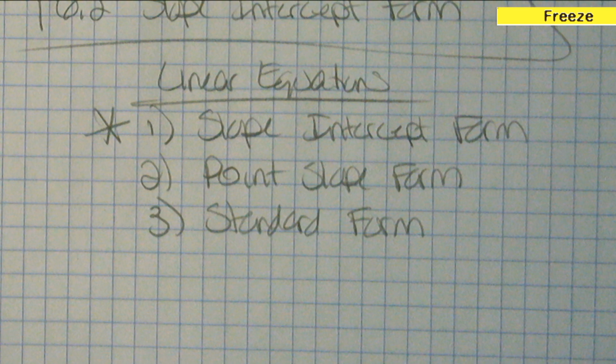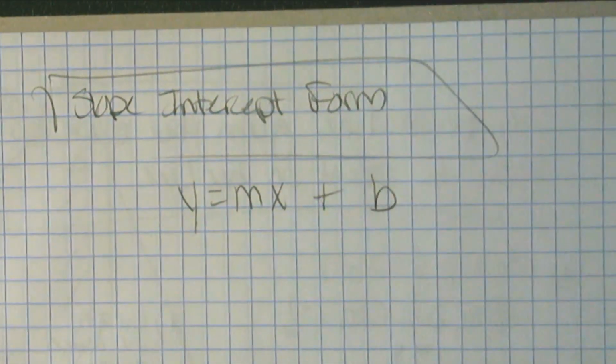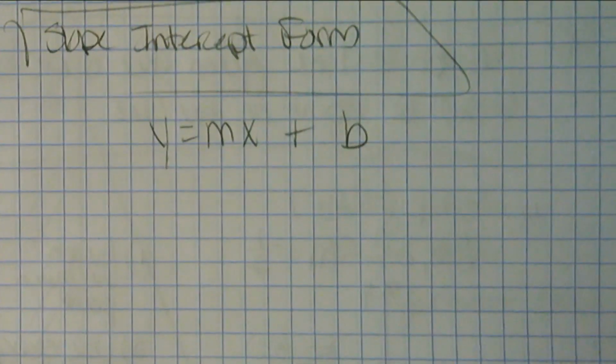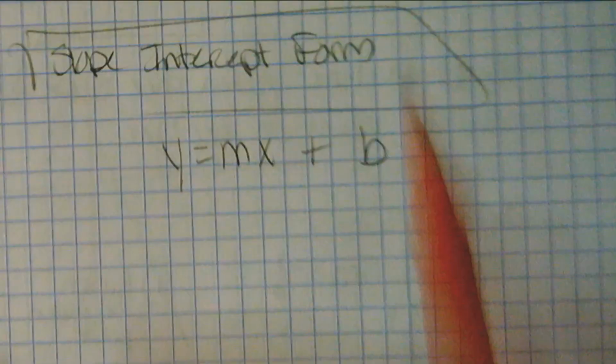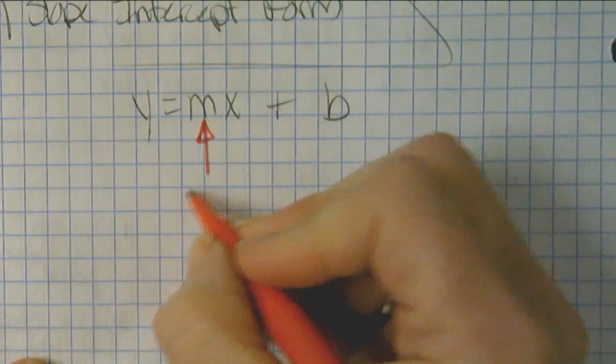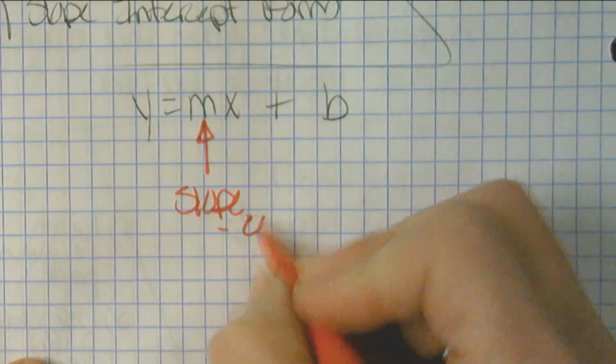Yeah, awesome. So slope-intercept form: y equals mx plus b. That is slope-intercept form. There's your slope. Your slope is your coefficient of x.